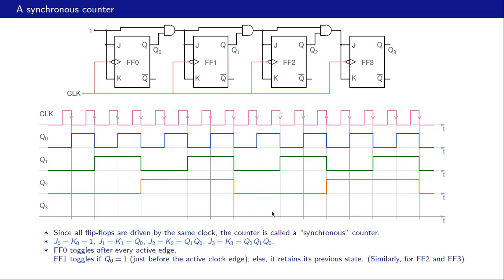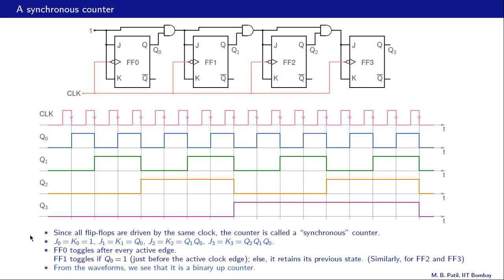So Q3 is going to toggle at this point and also at this point, and otherwise it's not going to change. So if we start with Q3 equal to 0, it's going to stay 0 here, toggle to 1, and then back to 0, like that.